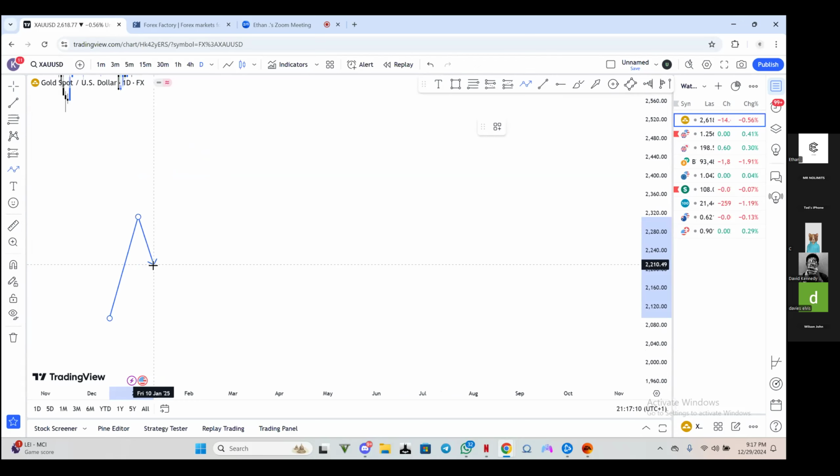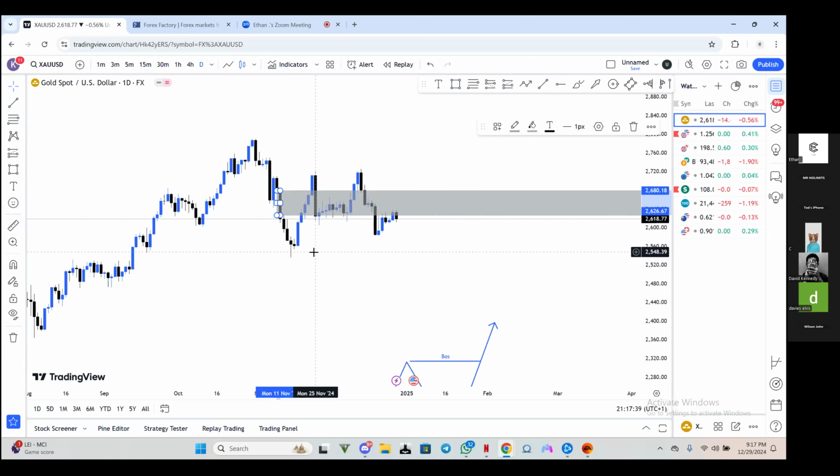When there's a gap between three candles, if you remember yesterday's class, the gap between the first candle wick and the third candle wick is your fair value gap. Now, what is a fair value gap? A fair value gap acts as a magnet in the market. It draws price into it, to just tap it and keep selling or buying.